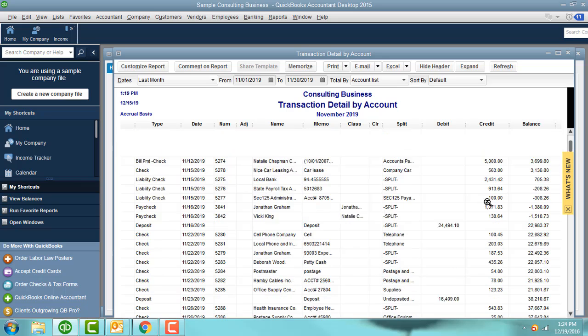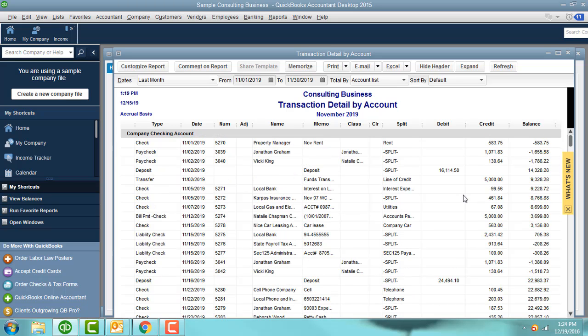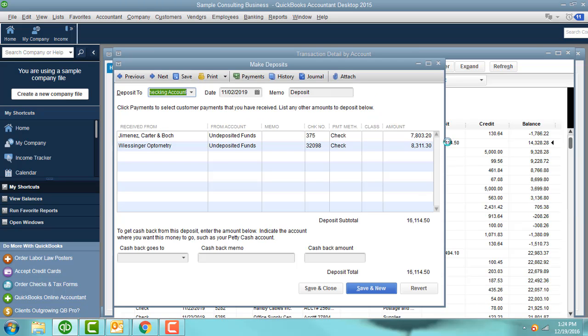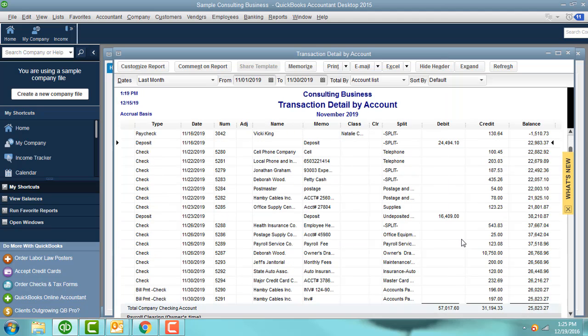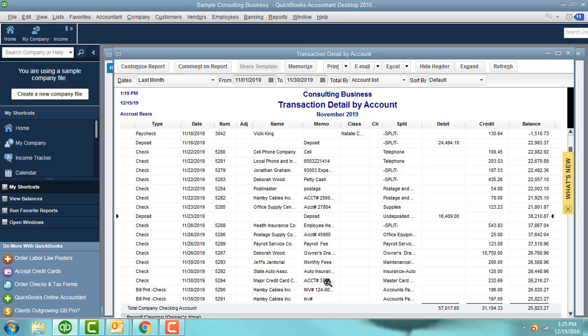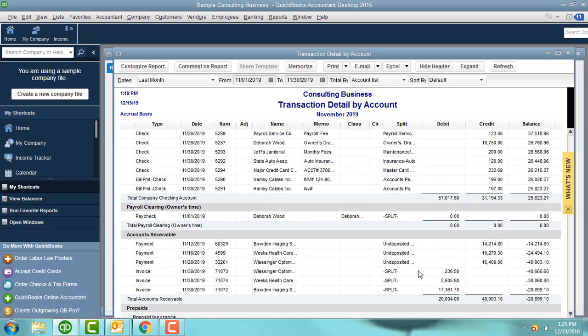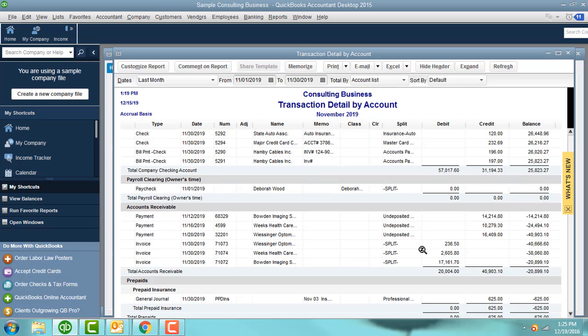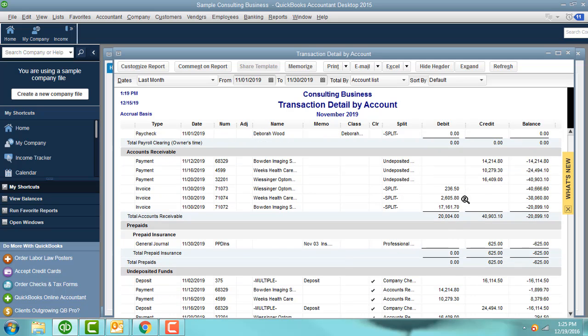So one of these is going to be directly revenue. Deposit funds. Okay. So here's your accounts receivable.